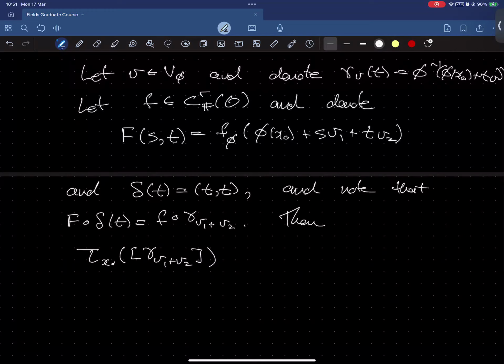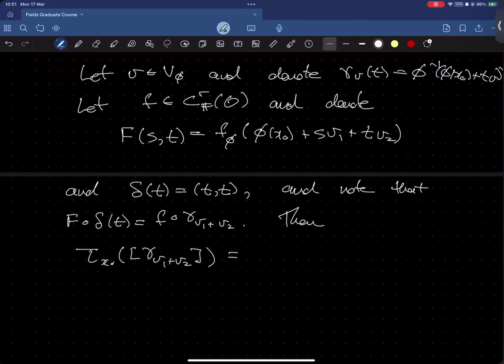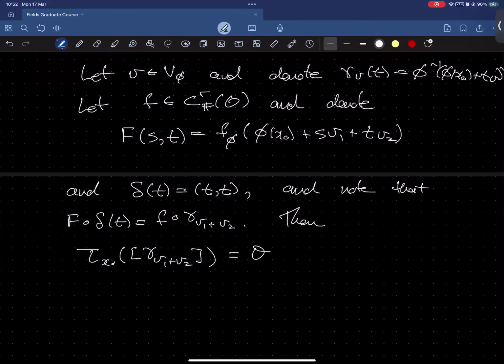That's where you want to end up. By definition of tau, this is theta of gamma v1 plus v2 applied to f. That's the definition of tau.